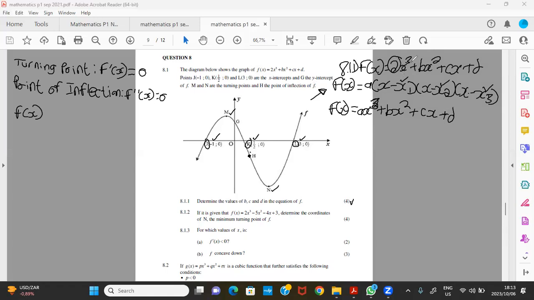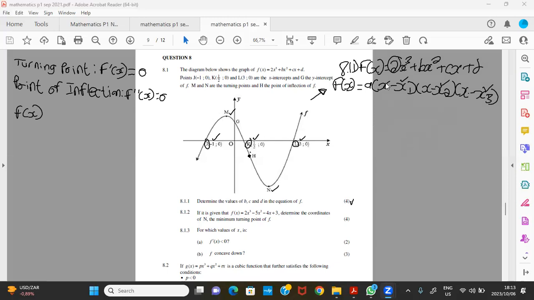So that's our a, and in this case our a is positive, which means our graph will be something like this, as you can see. This is the knowledge you are expected to have before attempting a question like this.